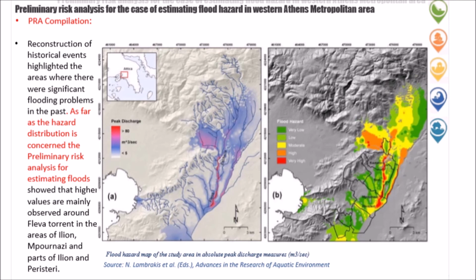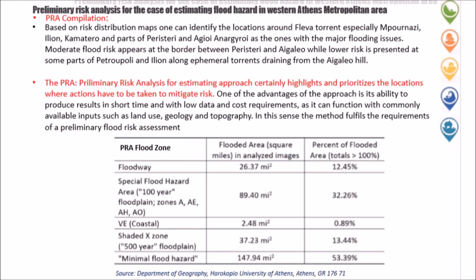Following this, the peak discharge calculation for the various subcatchments was done, and they were all interpolated, and the flood hazard classes were delineated. You can see the final map resulting from this process.